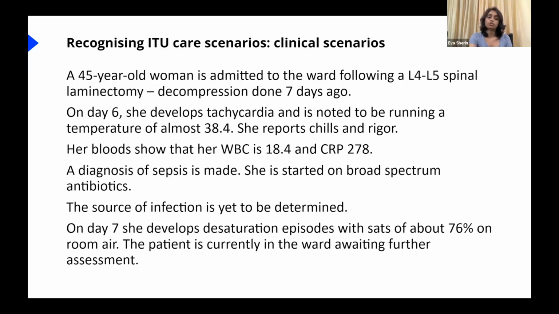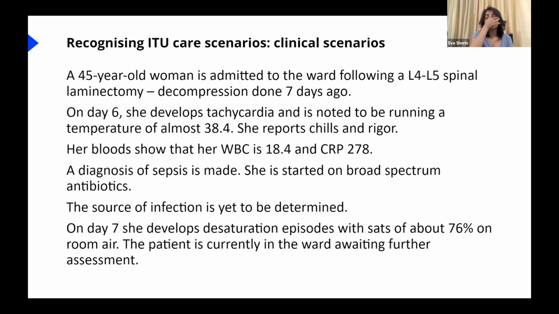Her bloods show that her WBC is 18.4 and her CRP is 278. A diagnosis of sepsis is made and she is started on broad spectrum antibiotics. The source of infection is yet to be determined. And on day 7, she develops desaturation episodes with stats of almost 76% on room air. The patient is currently in the ward awaiting further assessment.